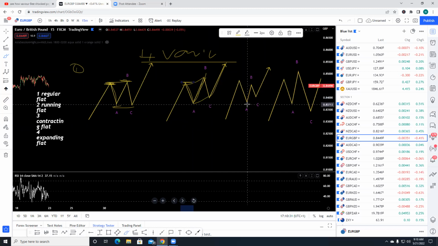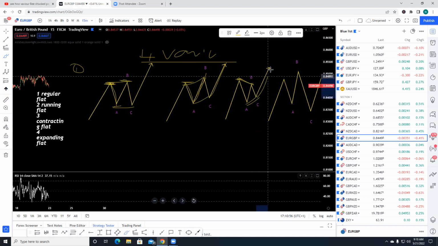But in the case of a contracting flat, it's contracting. Wave B does not even get to the start of wave A. This is wave B. And then wave C, when it's coming down to form wave C as an impulse, does not even get to the end of wave A. Very short. So this becomes a contracting flat. It's contracting up and it's contracting down. That is why we call it a contracting flat.